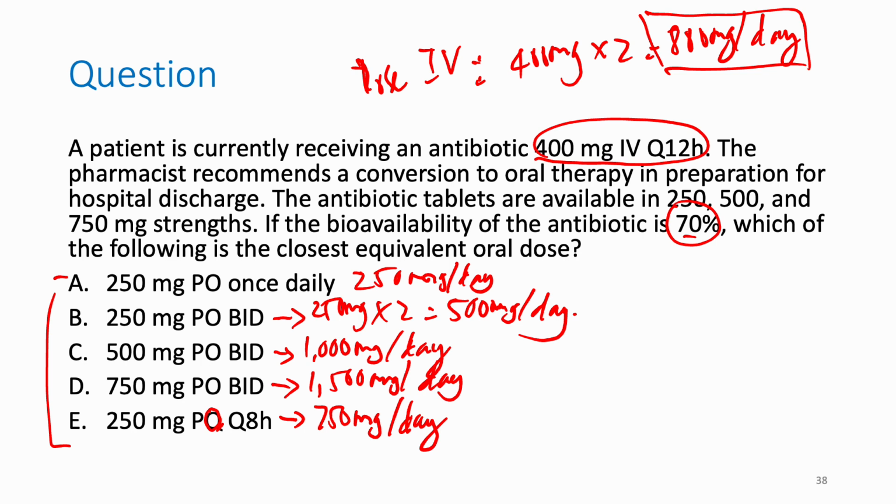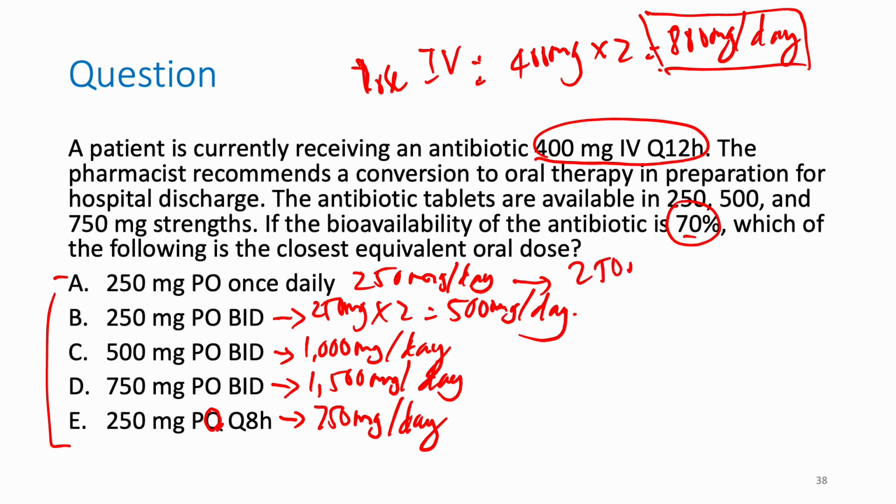Now look at this one. The IV dose is 800 milligram per day. This one is 250 milligram a day. The drug taken is 250 milligram, but the bioavailability is only 70%. So in practice, how much of the drug really appears in the blood?